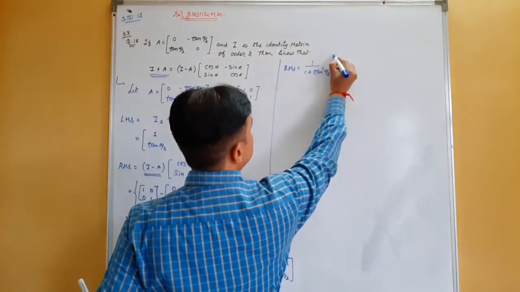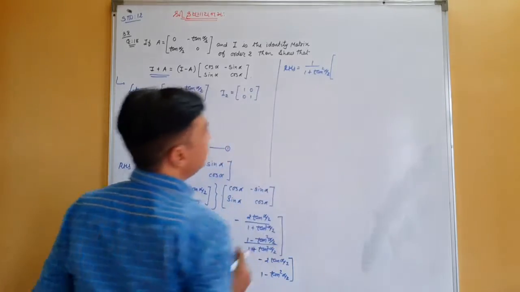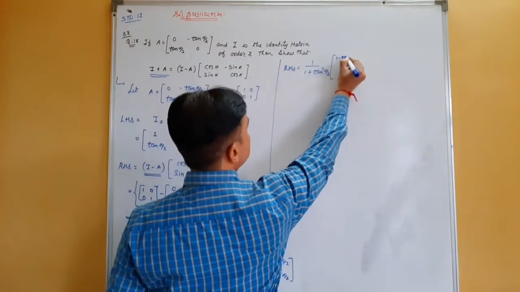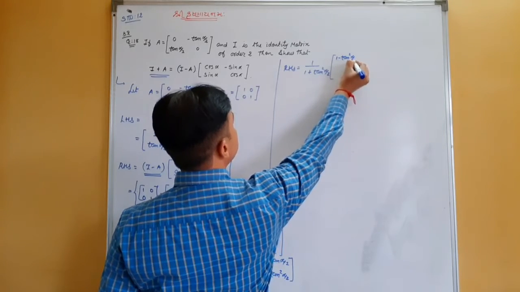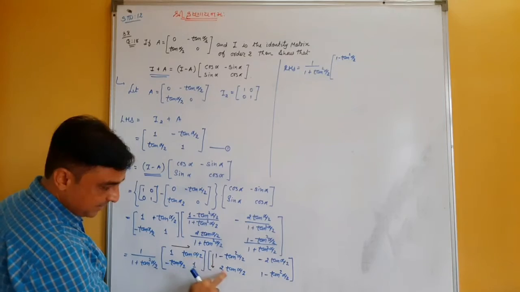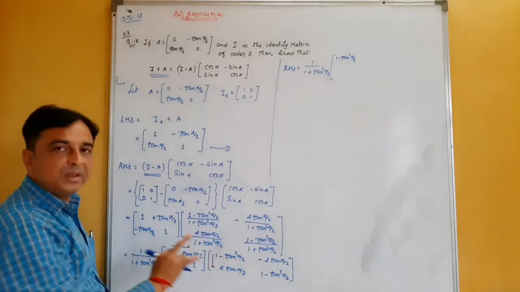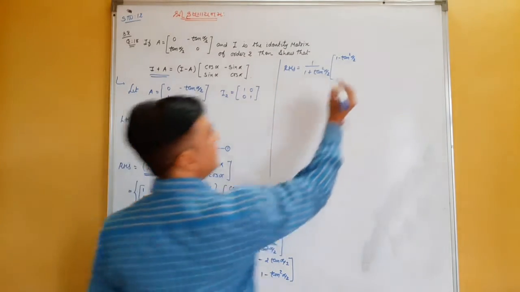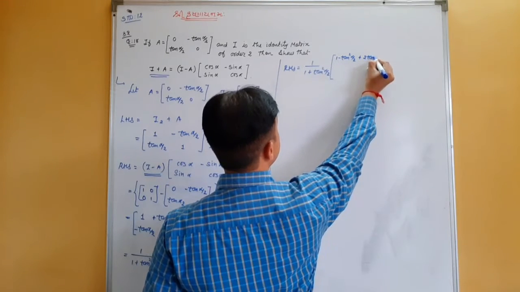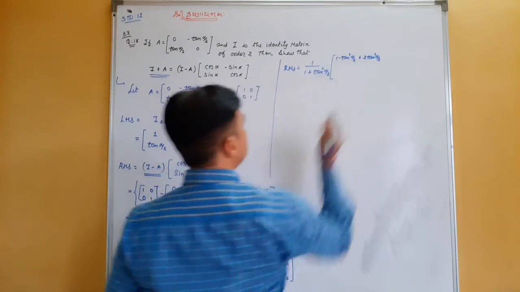So what we have, 1 into this, 1 minus tan square alpha by 2. Now tan alpha by 2 into 2 tan alpha by 2, 2 tan square alpha by 2. So plus 2 tan square alpha by 2.